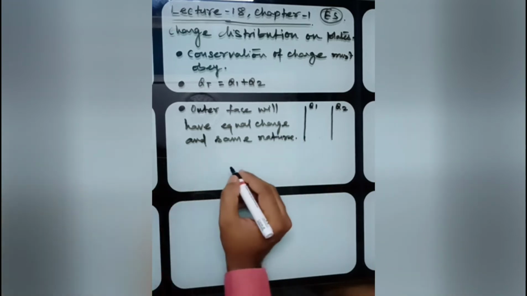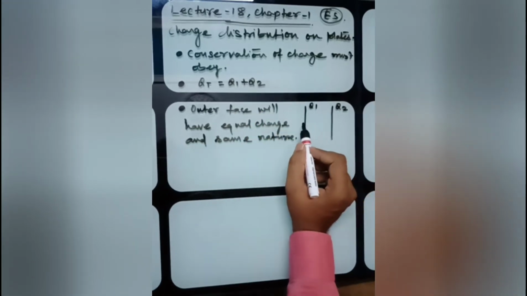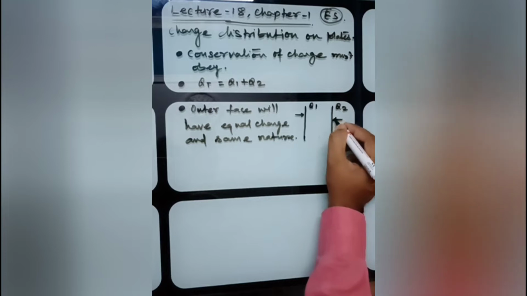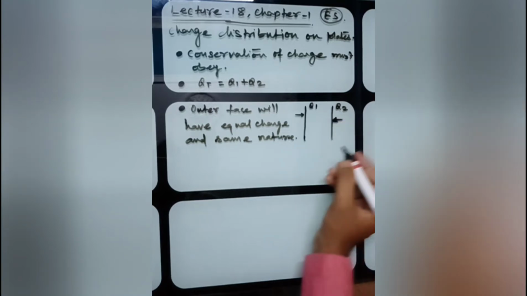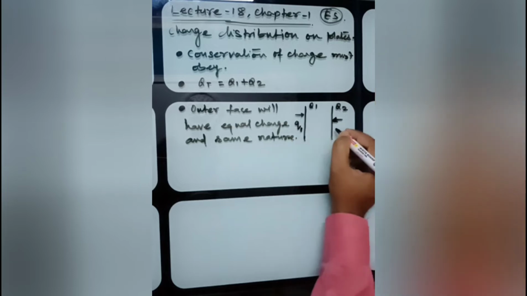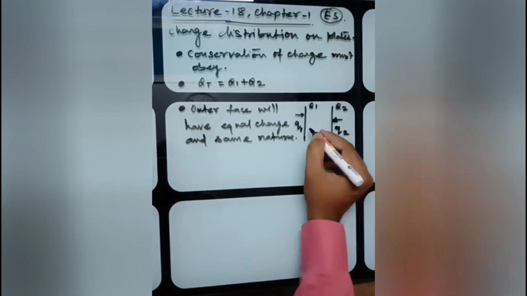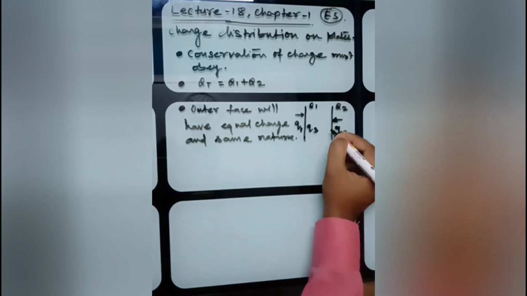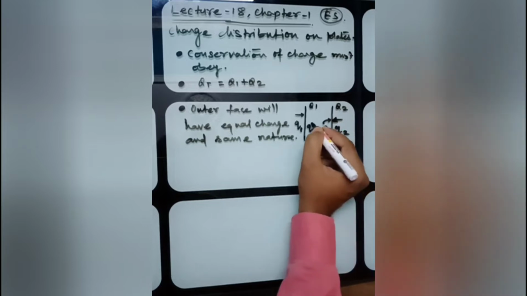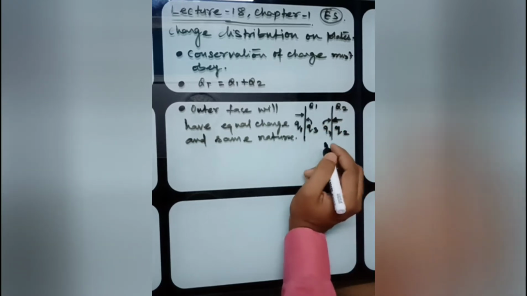My dear student, it means if it is the total charge, then the charge is equally divided on the outer faces of the plate. These are the outer faces. Q3 and Q4 are the inner faces and Q1 and Q2 are the charges on outer faces.